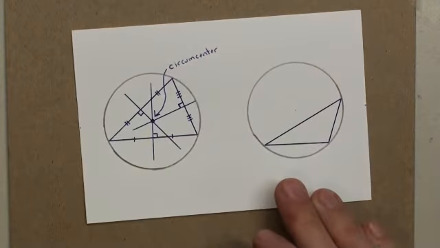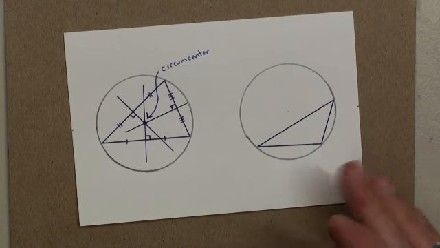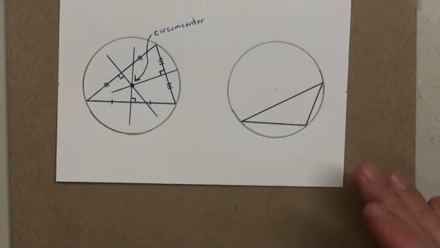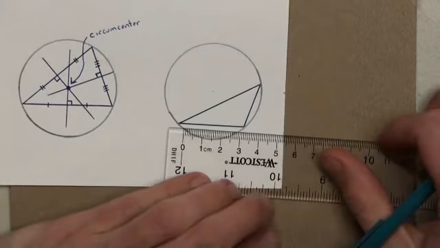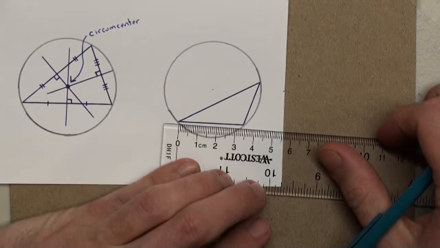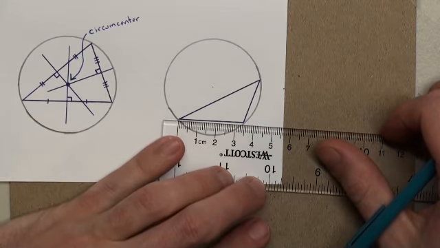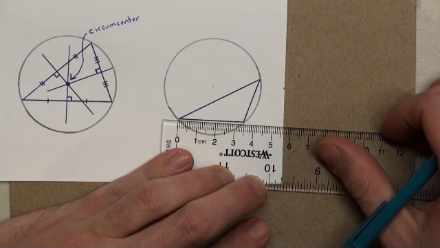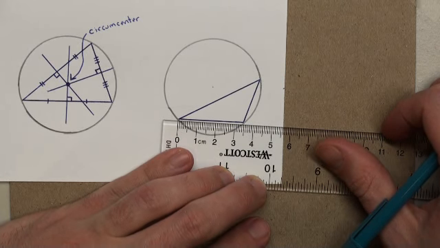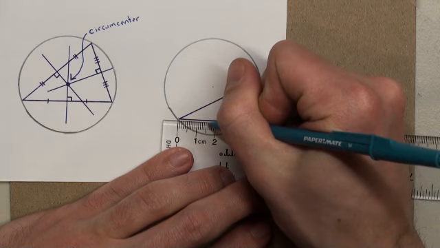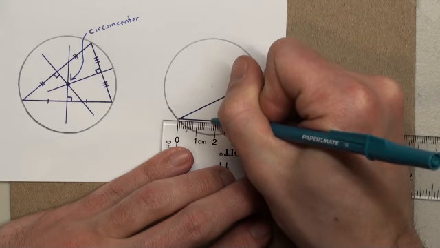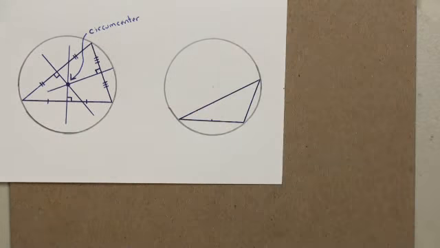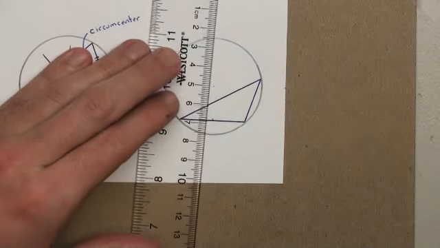Okay. Now, we have to do the same thing that we did before. This side is about 3.5, so I'm going to go to 1.75. Make a little mark. Okay.